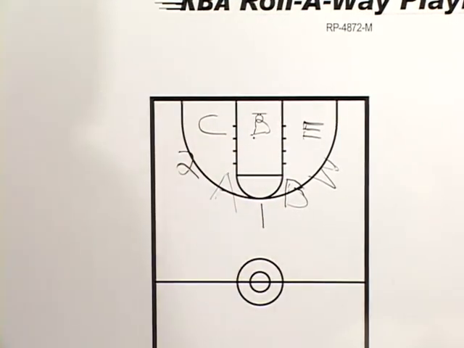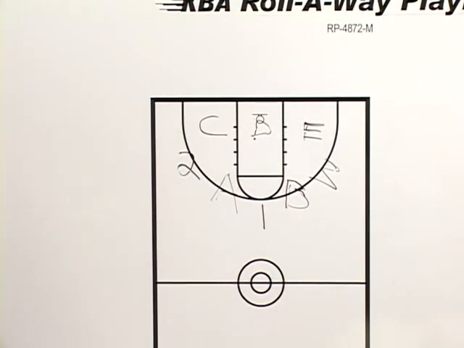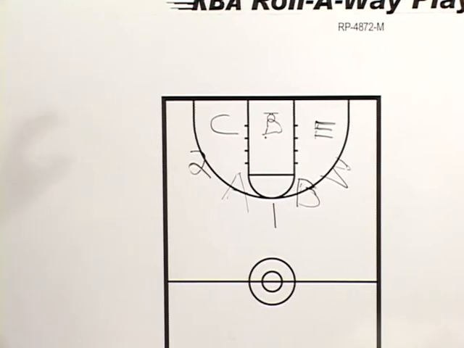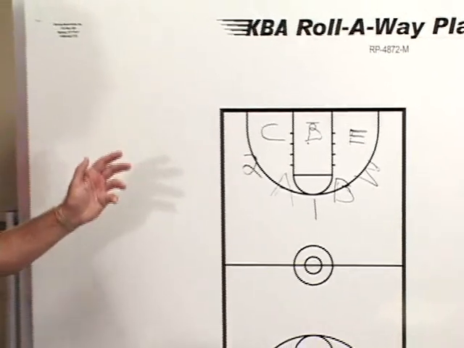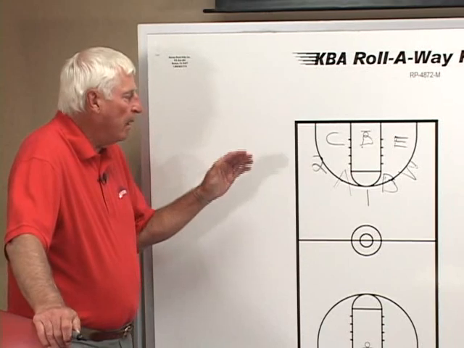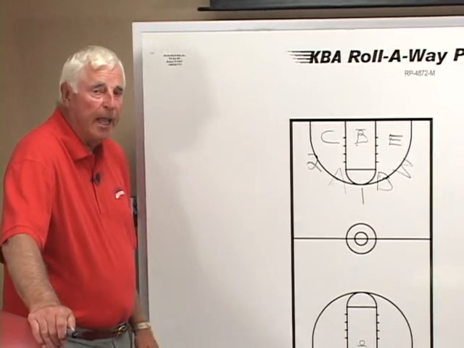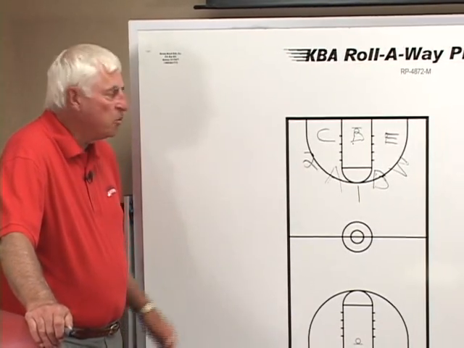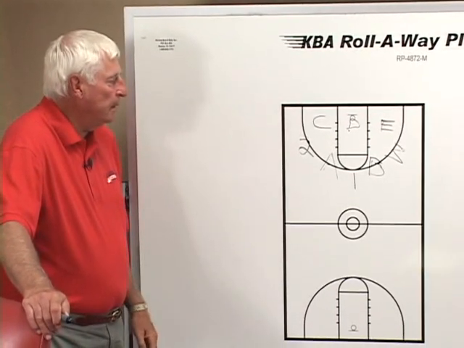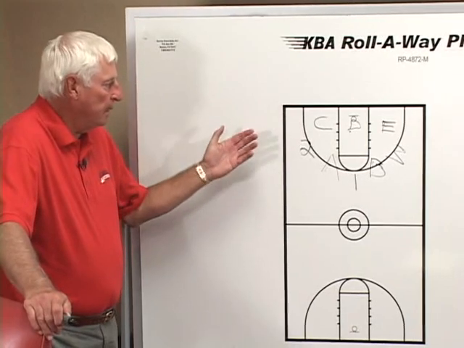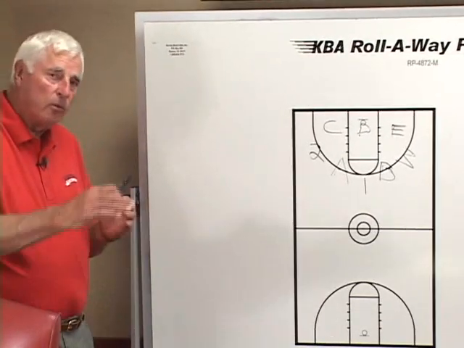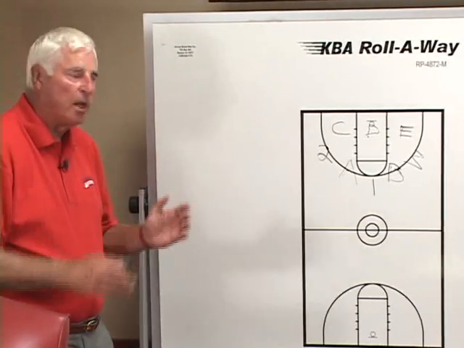Now, what are we going to do with our other 2 people? Well, I'm probably going to again go away from my idea of one low post man, because we're not getting a lot of back screening and we're not getting a lot of interchange between 2 post people in the zone, whether they, as you will see, replace one another.